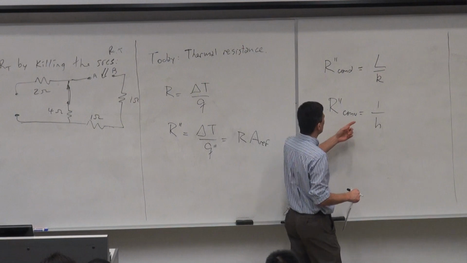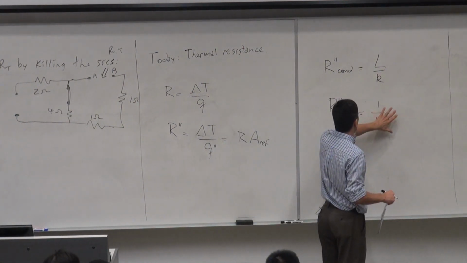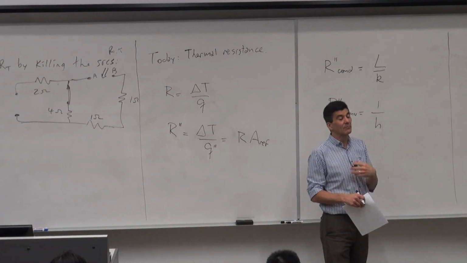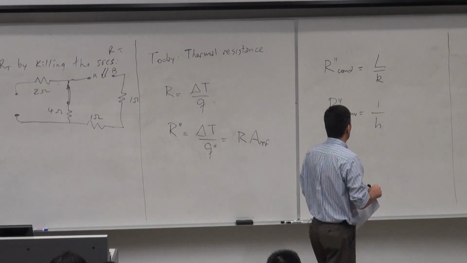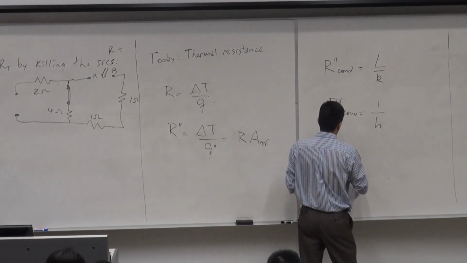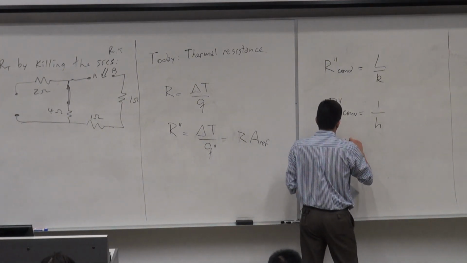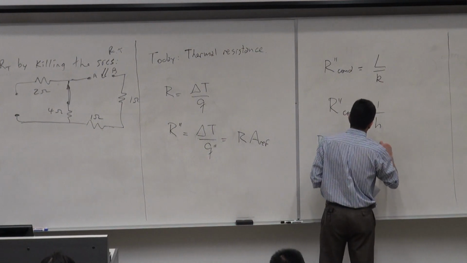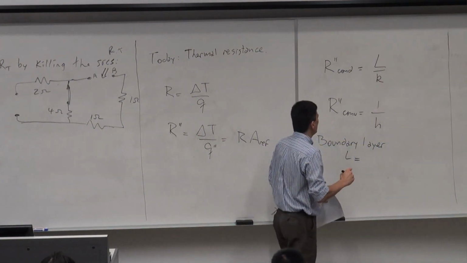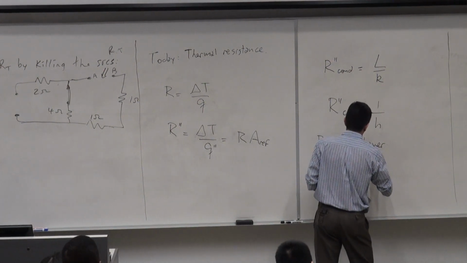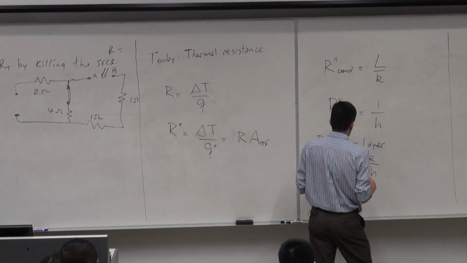And we said, okay, so if what we call 1 over H in reality is L over K, that means that we have a boundary layer of a thickness, and the thickness was K over H. Did I say it right?